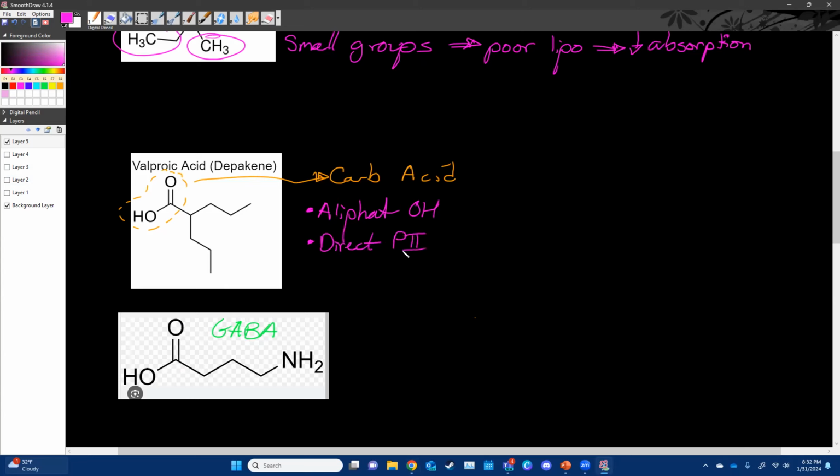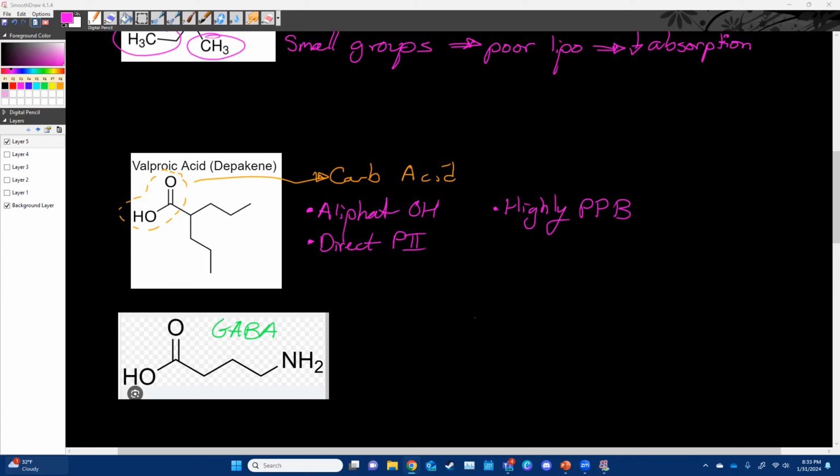This drug as well, highly protein bound. Despite having this carboxylic acid, having these big long chains is going to require it to be carried by albumin. And for the most part, that is all there is really to say about this drug.